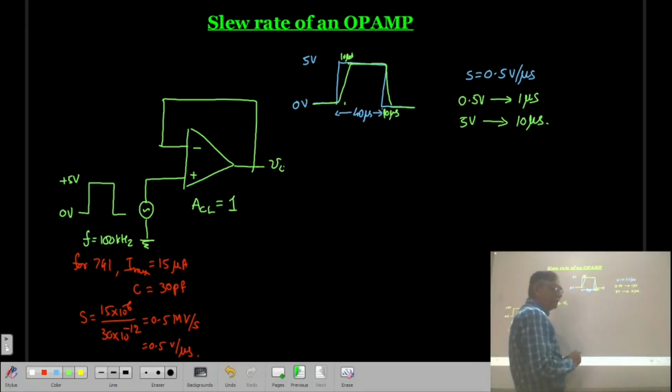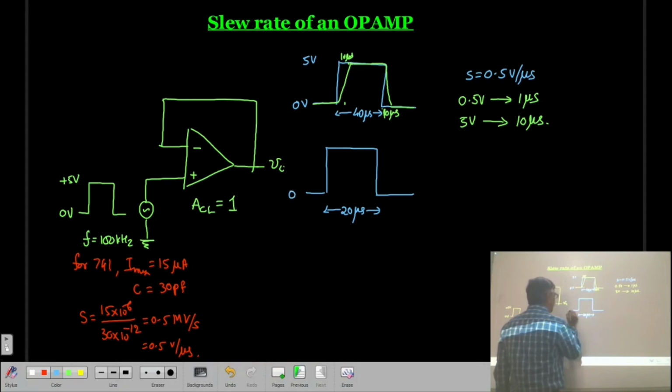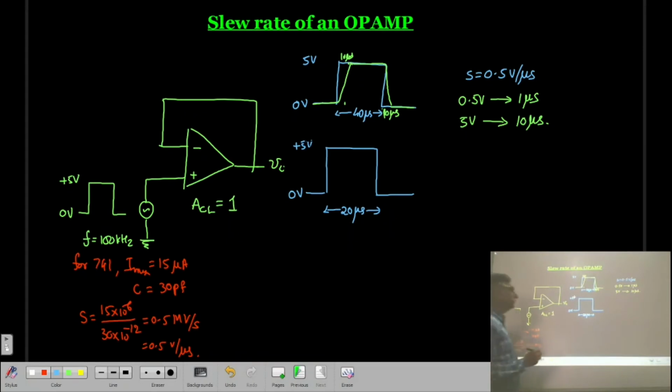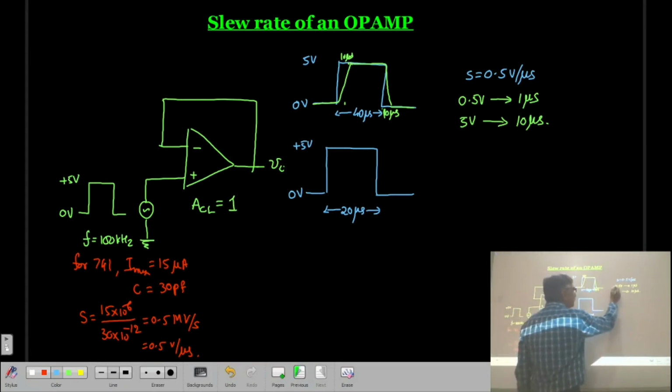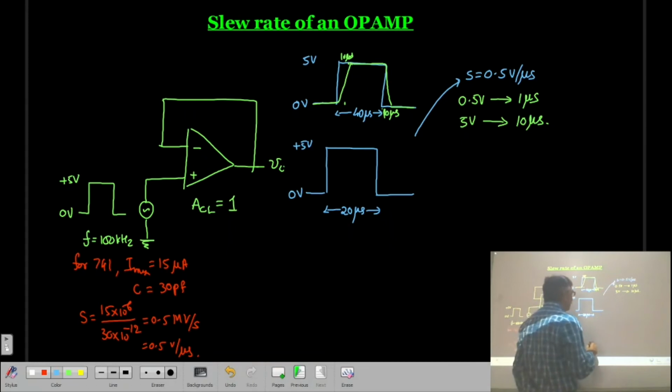Now, let us say another pulse which has a width of only 20 microsecond. Pulse width of 20 microsecond. Remember, and the amplitude is from 0 to plus 5 volt. In this case also, we use the same operational amplifier which has a slew rate of 0.5 volt per microsecond. So, now what will happen?